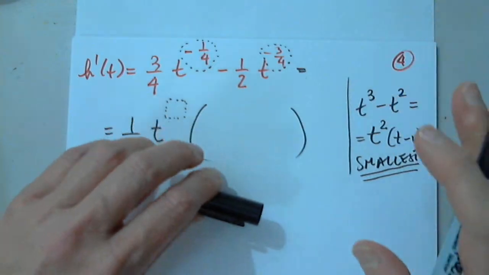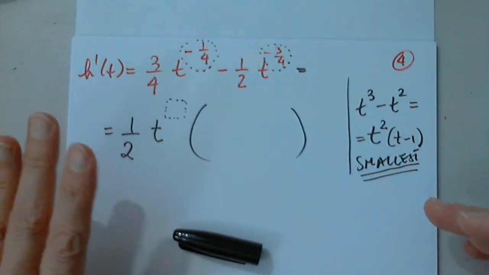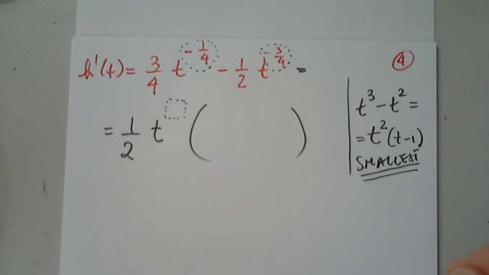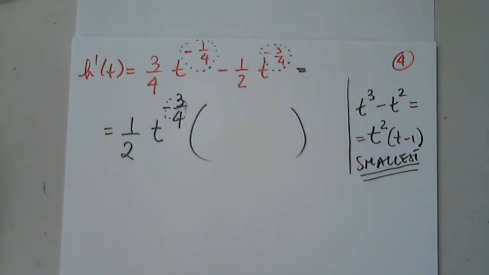Exactly the same idea. Yes, it's confusing, they're negative. Yes, it's confusing, they're fractions. But the method does not change. -3/4, right? Yes, it has to be the smallest. Always guaranteed.